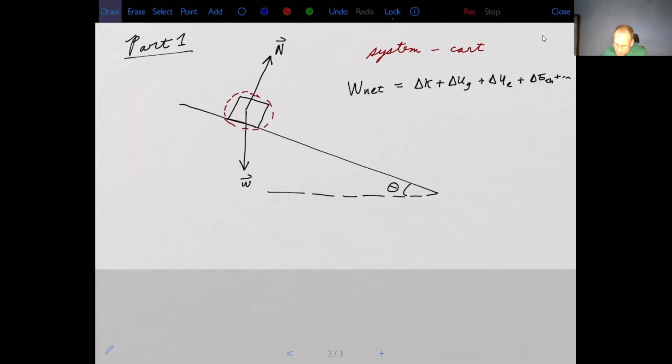There's no spring in there, so there's no change in elastic energy. We're assuming that it's frictionless because it's on the air track. So basically all of these terms here, we're going to set equal to 0.